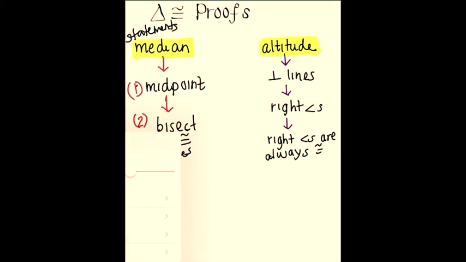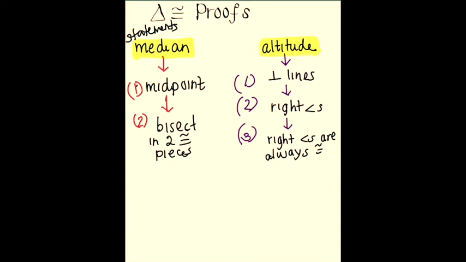Altitudes create perpendicular lines. Perpendicular lines create right angles, and right angles are always congruent. So in a proof that mentions the word altitude, three statements are going to follow that: perpendicular lines, followed by right angles, followed by right angles are always congruent. And you'll write it in that order.